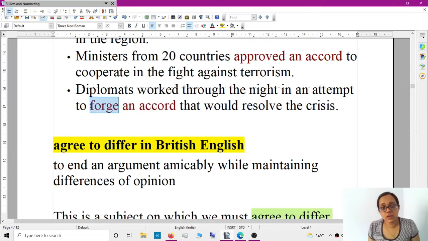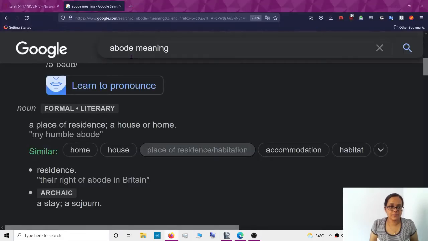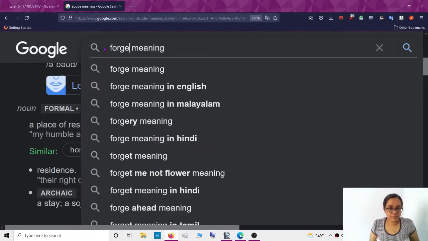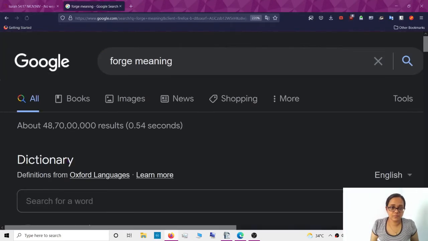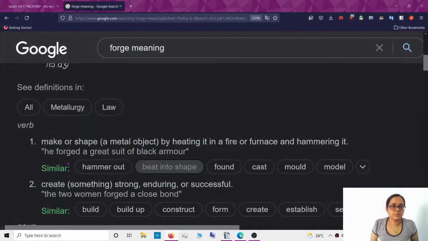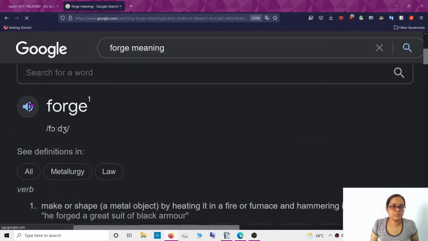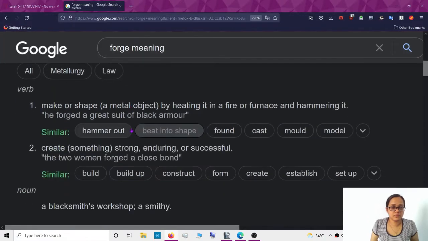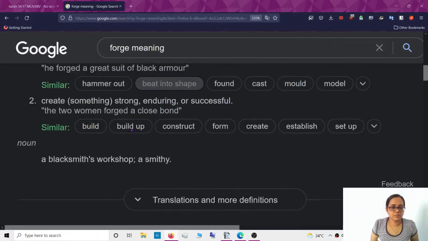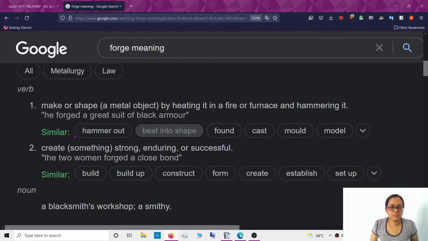Forge means to create something strong, enduring or successful. He forged a great suit of black armor.